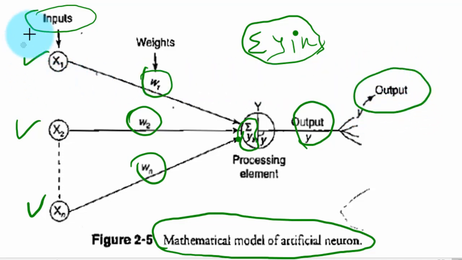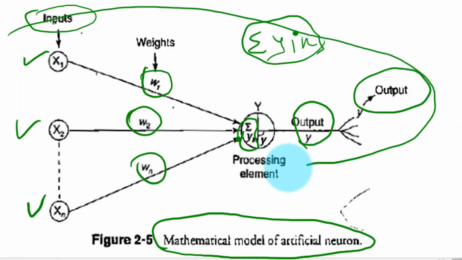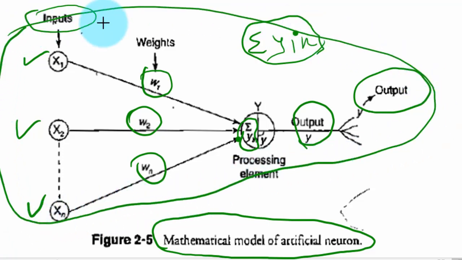This structure is the same as the biological neural network. When you see the biological neuron, you will find a structure like this. There are inputs, that is your dendrites. Dendrites are responsible for taking the inputs.